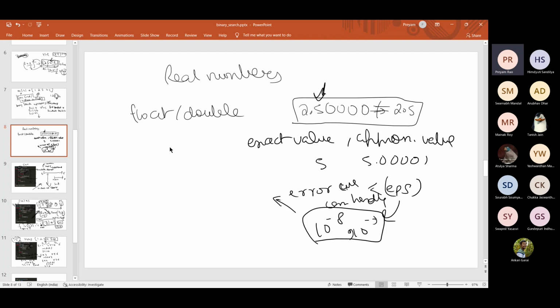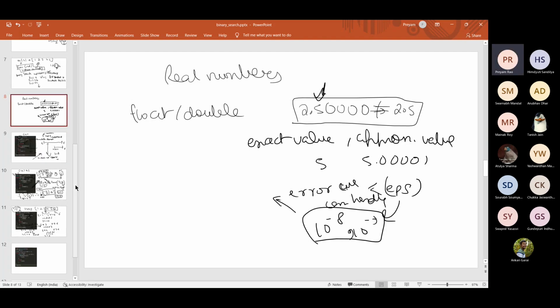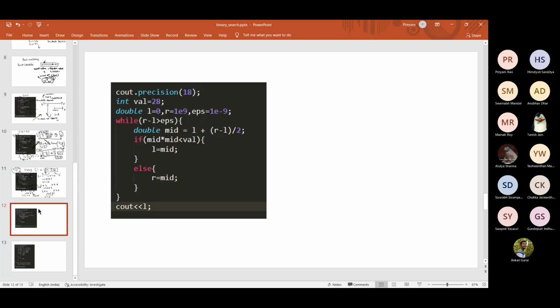Right? So binary search with real numbers would work almost the exact same way. This is binary search with real numbers. So cout precision, I'm not sure if you guys know about this, but this essentially tells us how many digits we want to calculate the precise value of.